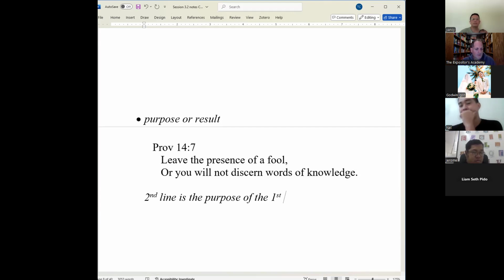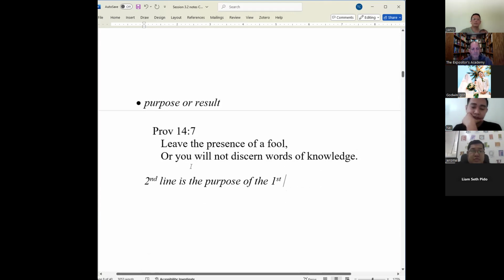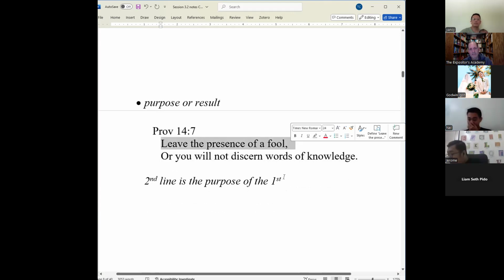You will not discern. If you don't leave the presence of a fool, you will not discern words of knowledge, meaning you will not know wisdom if you're in the presence of a fool. Okay, this isn't synonymous. It's not contrastive. It's developmental. And the way that it's developmental is the second line develops the first line by giving the reason for it. Okay?